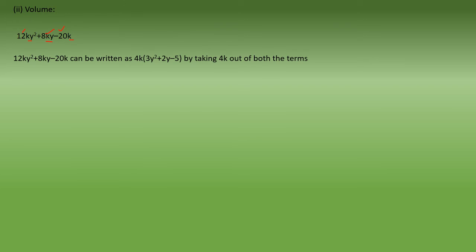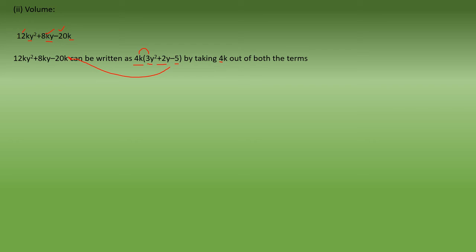After taking 4k common, we are left with 4k into 3y square plus 2y minus 5, because 4k into 3y square gives 12ky square, 4k into 2y gives 8ky, and 4k into 5 gives 20k.